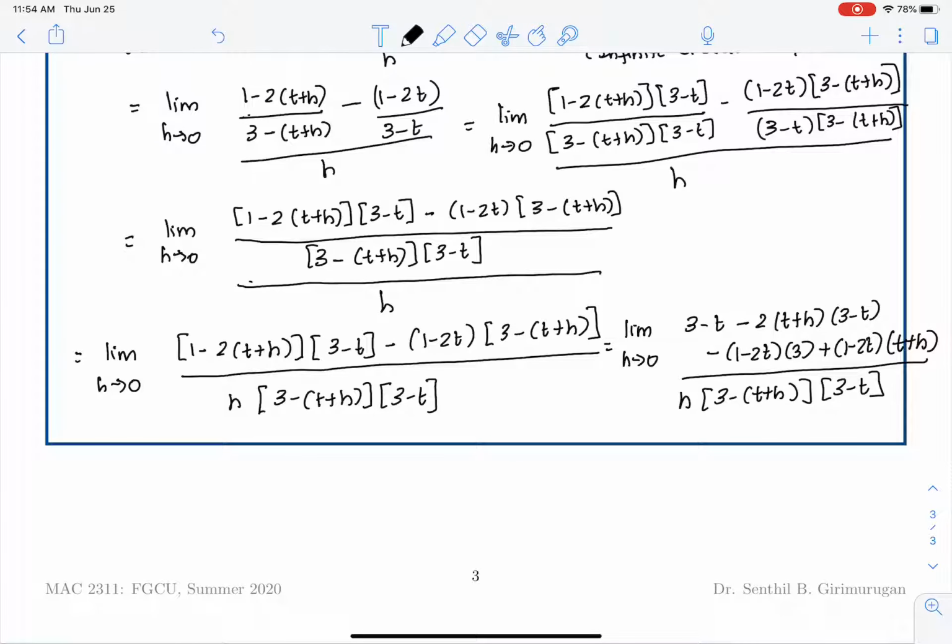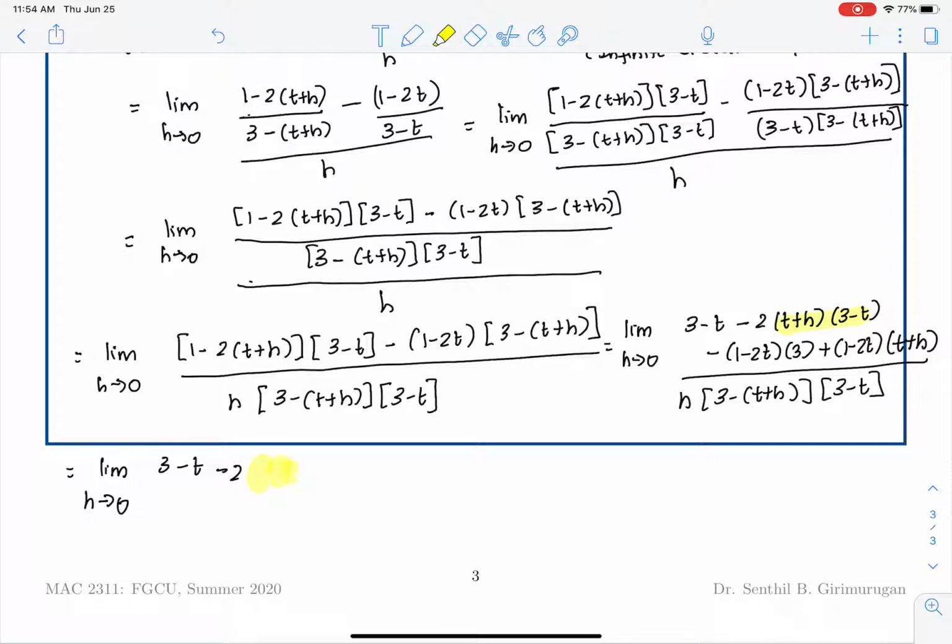So that would equal limit h approaches 0, 3 minus t minus 2t, minus 2, I'm going to FOIL those two.